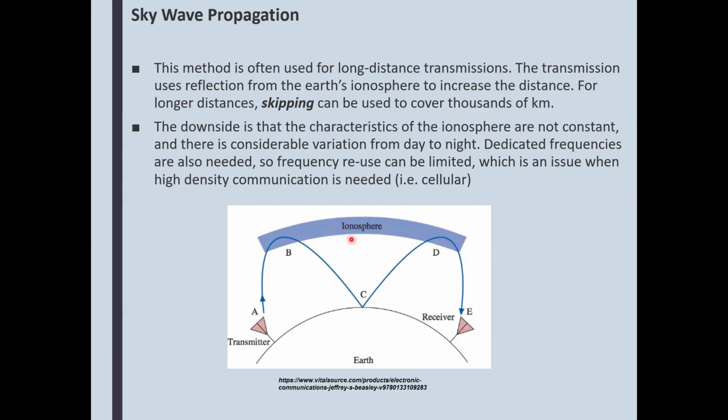Technically it's not a perfect sphere, but we're not going to split hairs over that. The ionosphere is a layer that covers the whole Earth, and it's made out of ions, so it's called ionosphere.